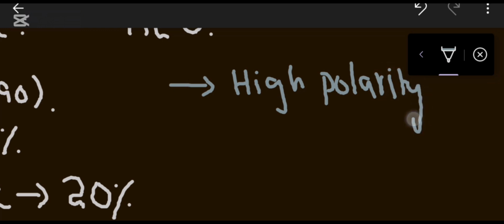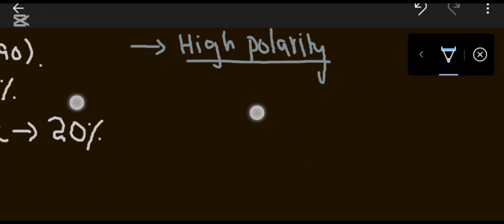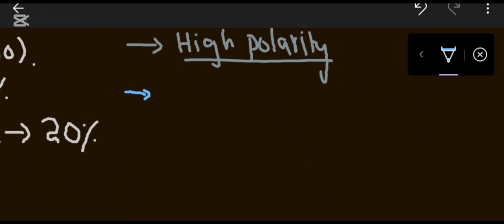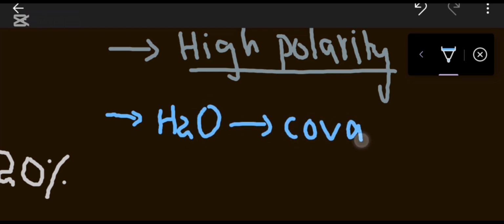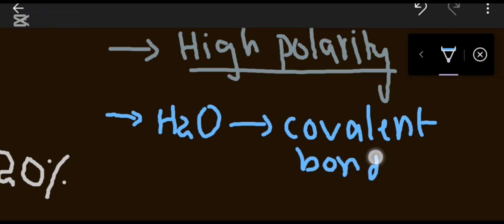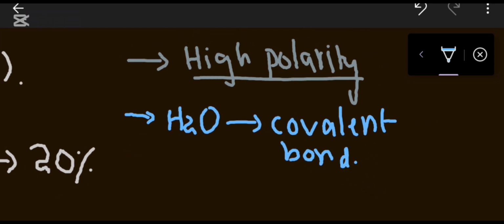Now what does this word high polarity mean? As we know, water, H2O, makes covalent bonds, right? And what is a covalent bond? A covalent bond is basically the sharing of electrons between two atoms.